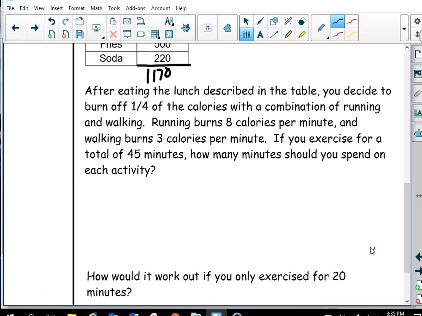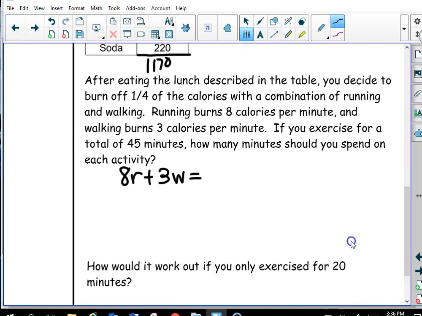All right, so we know how many calories we're going to try to burn off, and the way we're going to burn it off is by both running and walking. So what we're trying to do is make 8 calories per minute times the number of minutes we're running, R, plus the 3 calories burned for each minute of walking, W, and we want that to be equal to 292.5.